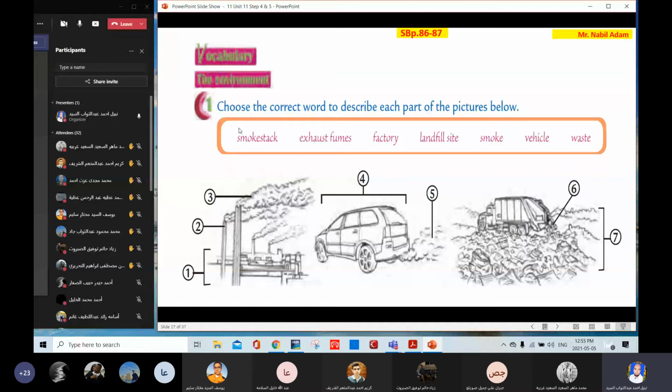Okay, what's number two, Abdurrahman Mustafa? Look at the picture. Yes, Abdurrahman, number two. Choose one of the words from the list, Abdurrahman. Stack. Yes, smokestack. Very good, smokestack. Number three, Muhammad Mahmoud.